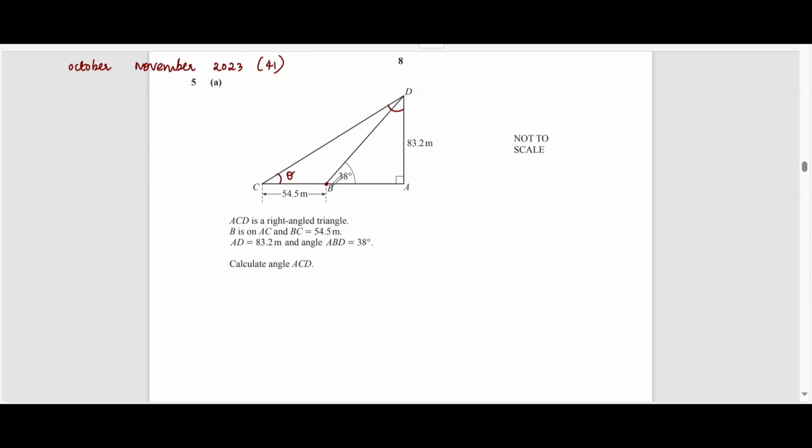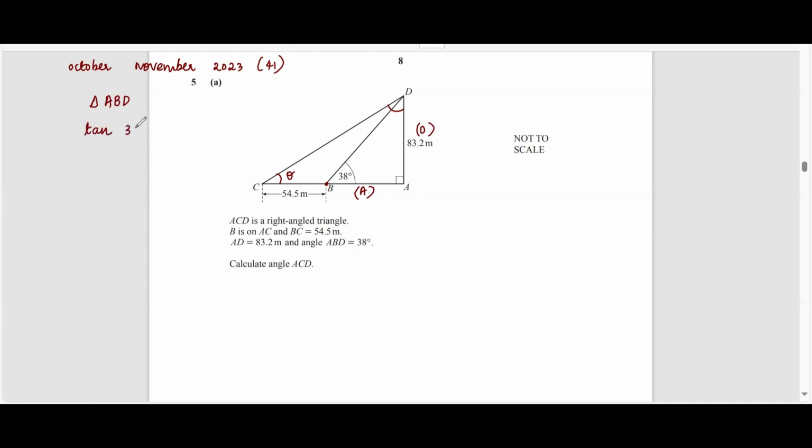First of all, let's find out what the side length AB is. Considering the small triangle ABD, opposite to angle 38 is 83.2 meter, and the adjacent side is what we need to find out. So opposite and adjacent, which trigonometric ratio? That is tan.